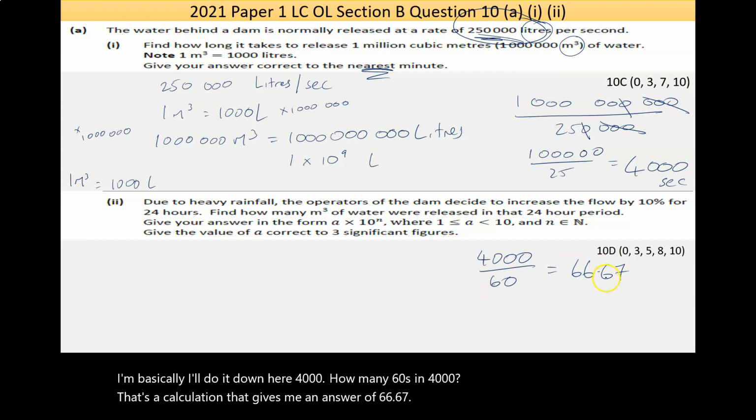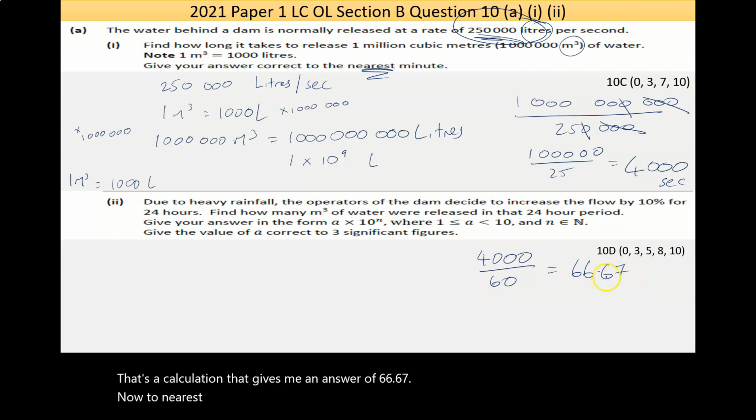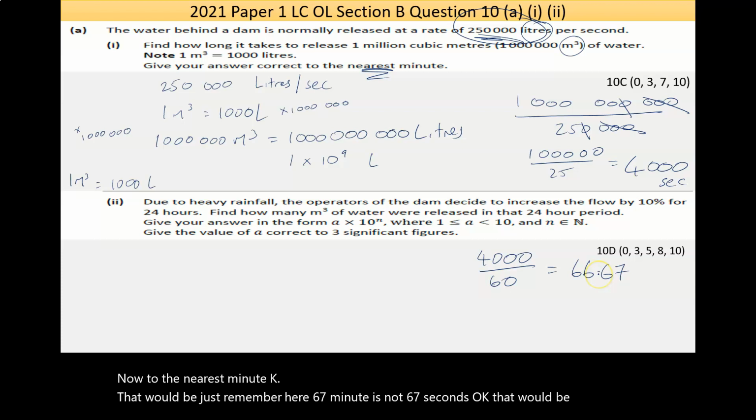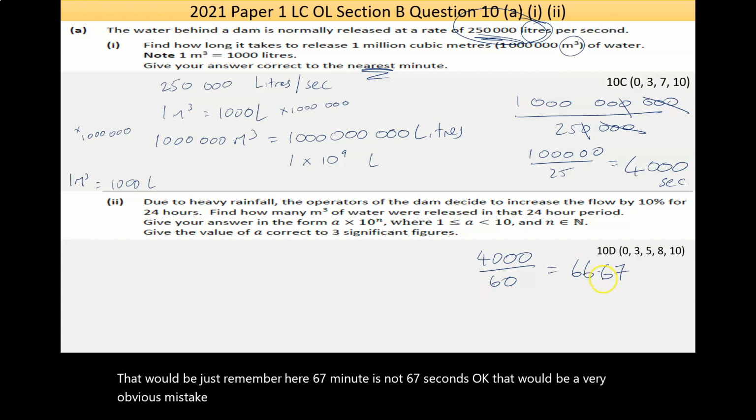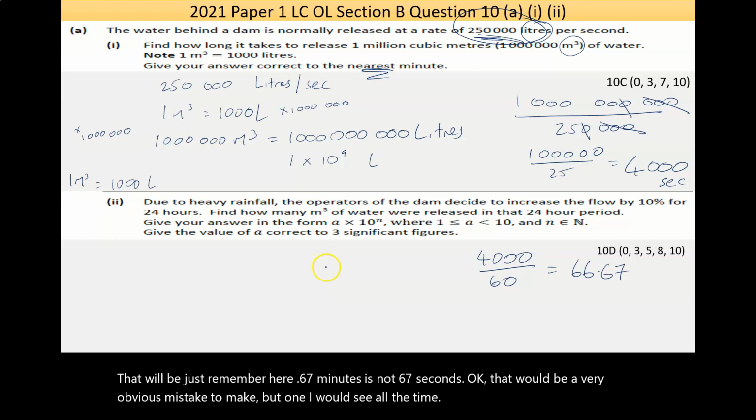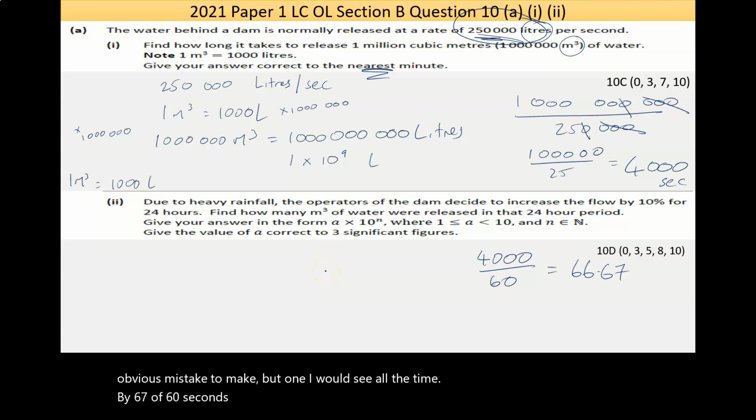Now, to the nearest minute, remember, 0.67 of a minute is not 67 seconds. That would be a very obvious mistake to make, but one I would see all the time. 0.67 of 60 seconds is about, like 0.75 is 45 seconds. So it's about 42 maybe. So 66 minutes, 42 seconds ish.